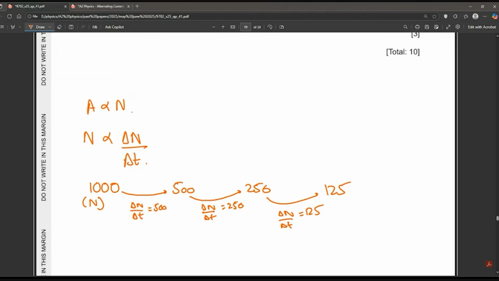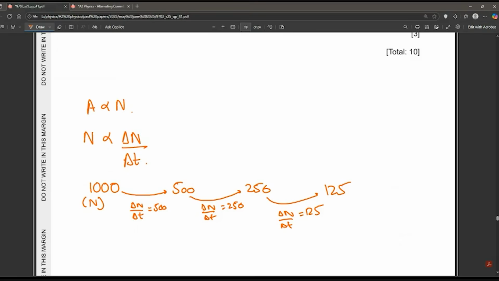Number of undecayed nuclei is directly proportional to the rate of change of undecayed nuclei. कितने न्यूक्लियस प्रति यूनिट टाइम डिके करेंगे, depends on the number of what?